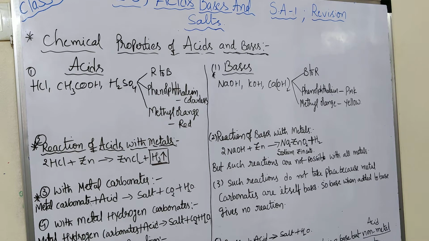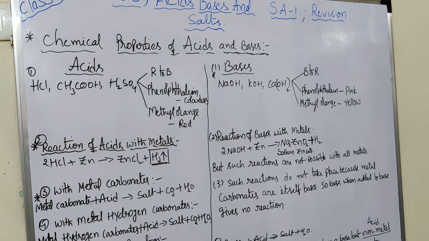When you test these acids, blue litmus paper changes to red, phenolphthalein solution in the acidic medium remains with no change, and methyl orange, in acidic solution, changes into red color.